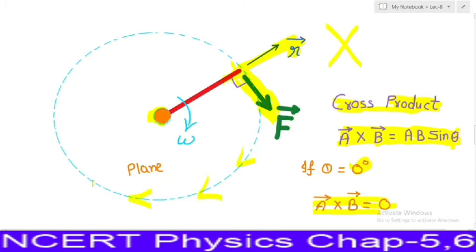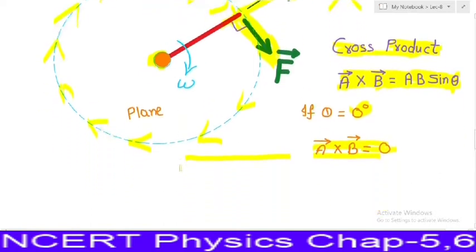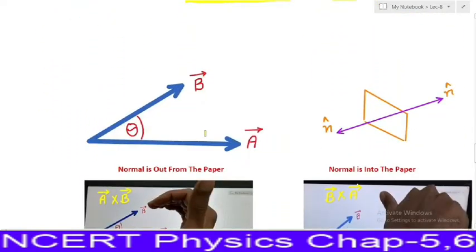And as we know, rotational motions always take place in a plane. This thing we should always take care of. Linear motion always occurs along a straight line and rotational motion always occurs in a plane. And as we know, a plane is a vector quantity. That's why the cross product should also give a vector quantity.